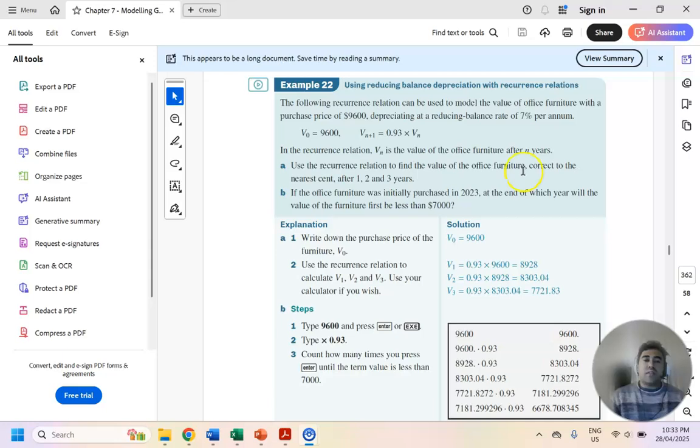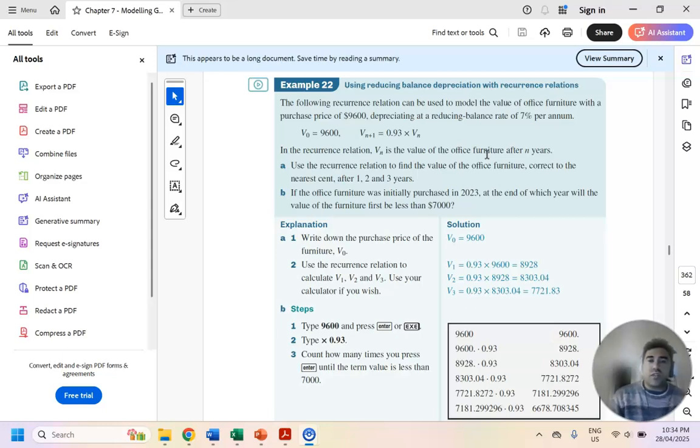This implies that to get your next number, you take the previous one and multiply this by a number that's lower than 1. Because it's reducing at a 7% rate, this will be a 0.93 multiplicative factor. To work this out, you just do 7 over 100 and you minus this from 1.